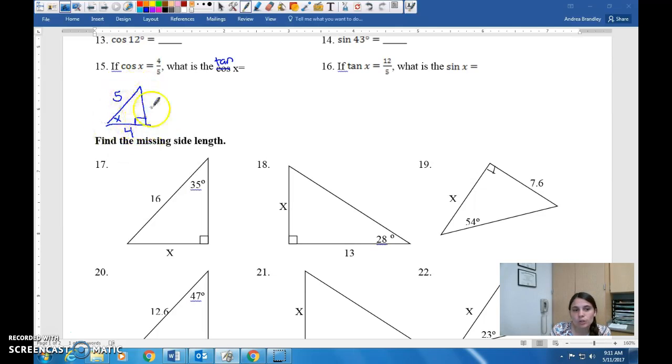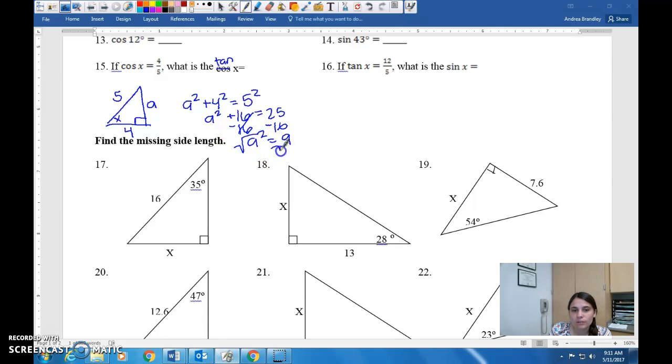So I can now use the Pythagorean theorem to find this third side. I'm going to go ahead and call it a. So I have a squared plus 4 squared equals 5 squared, which becomes a squared plus 16 equals 25. So I'm going to minus 16 from both sides, and a squared equals 9.